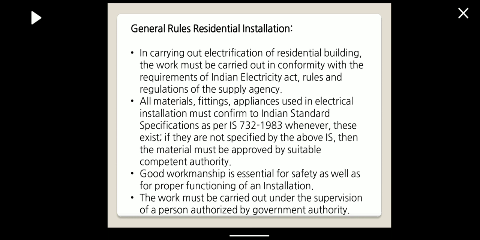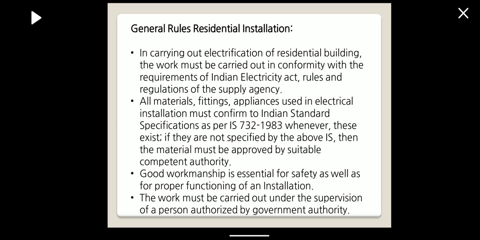Then second is, all the material, fittings and appliances used in the electrical installation must conform to Indian Standard specification as per IS 732/1983 whenever it exists. If they are not specified by the IS, meaning Indian Standards, then the material must be approved by the suitable competent authority.